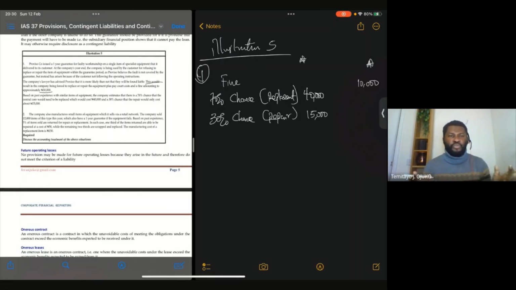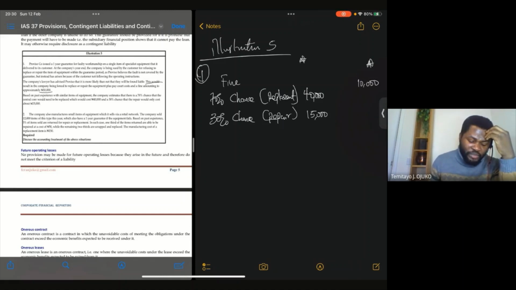Are they going to do the two, or is it just one of them that they will do? The company lawyer has advised that it is more likely than not that they will be found liable.